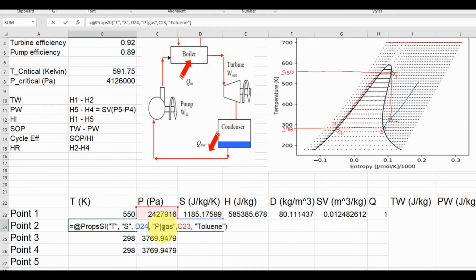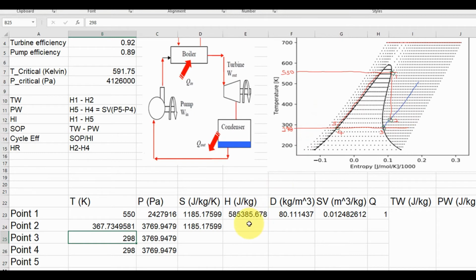Then what else do we know? We know the pressure, that the pressure is C24 and is in its gas phase. So I've made this C24, which is the gas phase, and that's it. So with that, we can click enter, and then it gives me the value of the temperature at point 2.